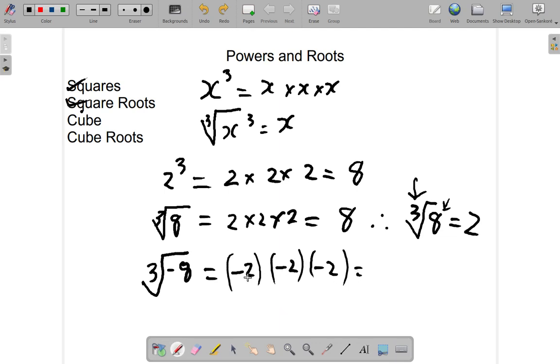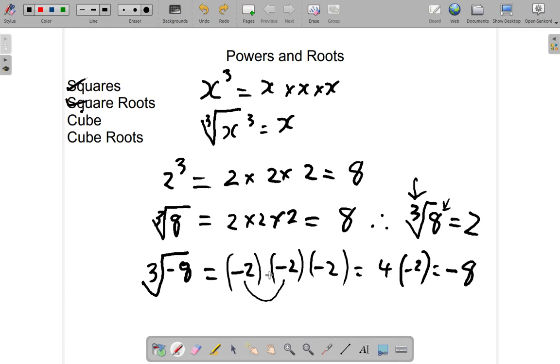Alright, so let's multiply the first negative 2's. Negative 2 by negative 2. 2 2's is 4, and a negative by a negative here is a positive, so it's a positive 4 times the third negative 2. 4 times negative 2, a positive times negative, gives you a negative. 4 2's 8.